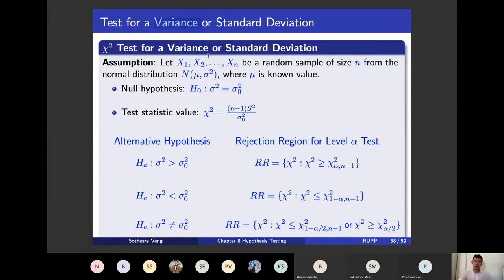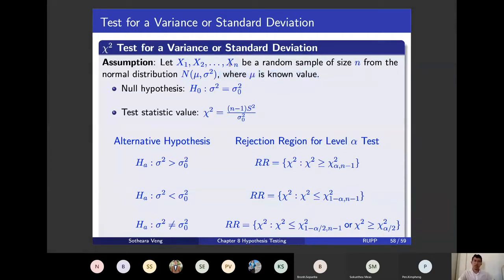Okay, but in this case we have to assume that the population is normally distributed, right? Okay, I'm sorry, I'm trying to erase this, but I don't have time. That's why this is just a typo. There should be no this phrase.